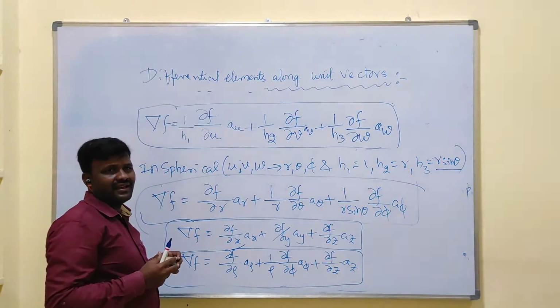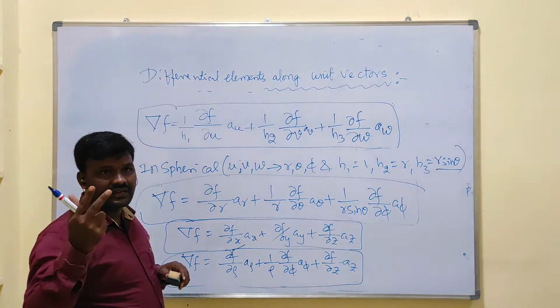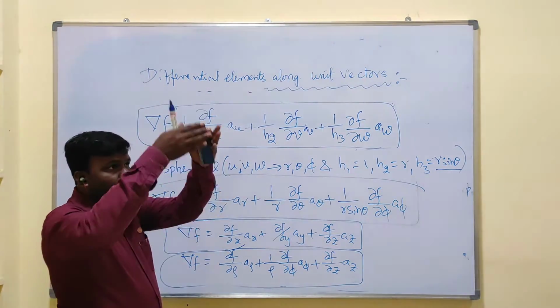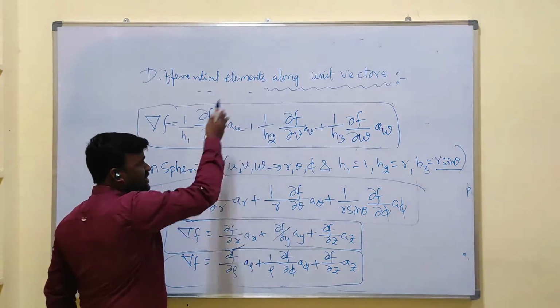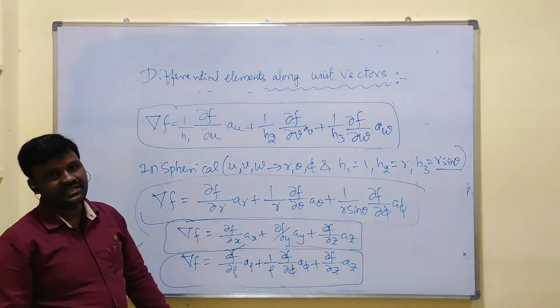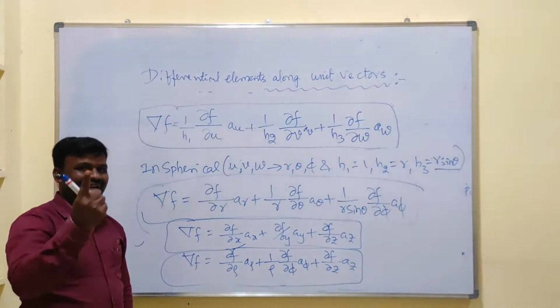Please remember, along phi it is r sin theta d phi. If you remove the dr, d theta, d phi, you will get some factors. The factors I am taking as h1, h2, h3. With the help of these h1, h2, h3, I can derive the gradient formula.